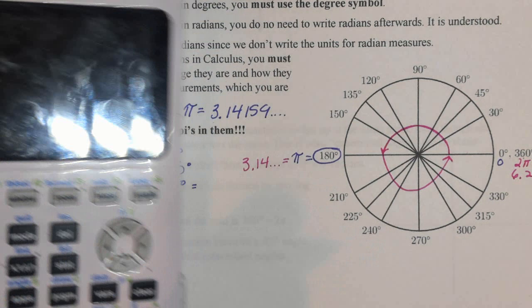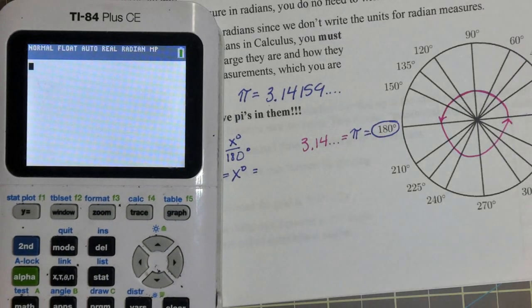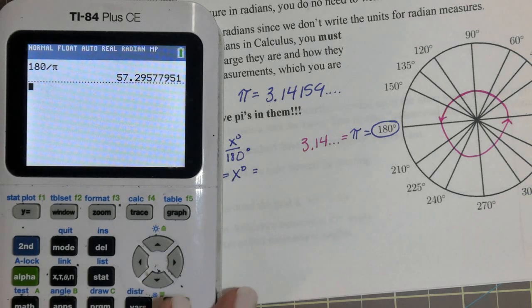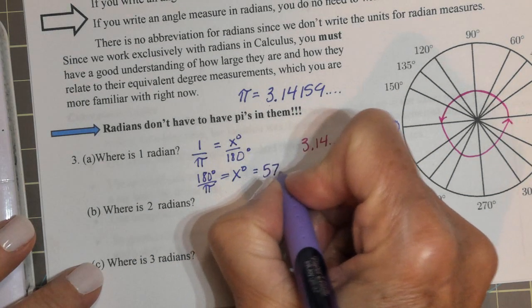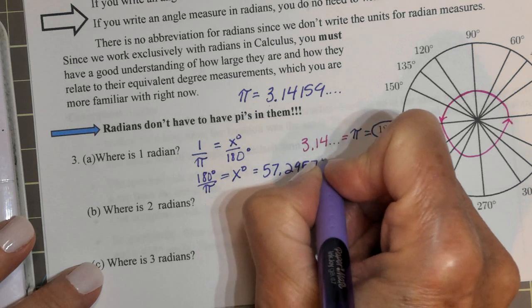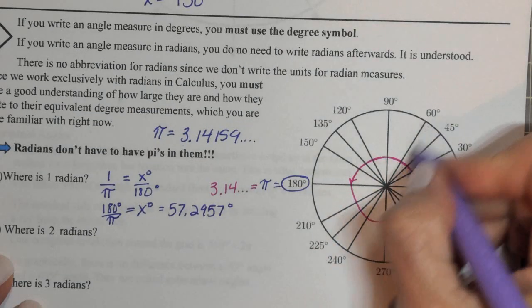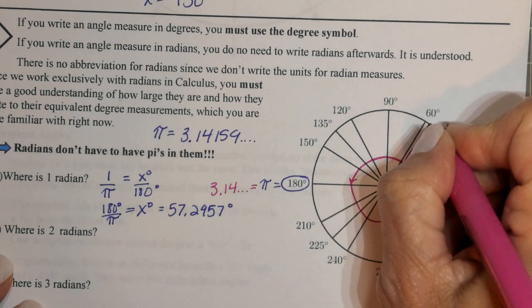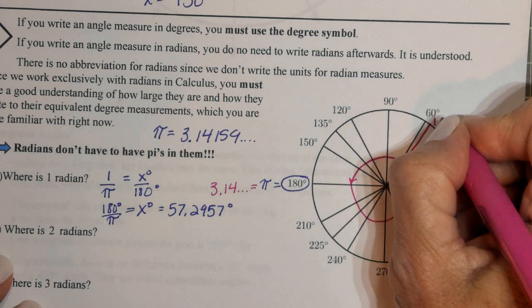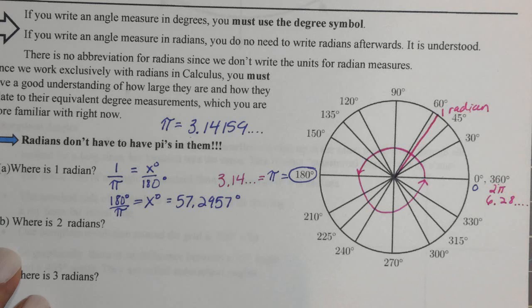And if I put that into my calculator, I get 57.2957 degrees. Okay? So yeah, a little less than 60. So right about right there is 1 radian.